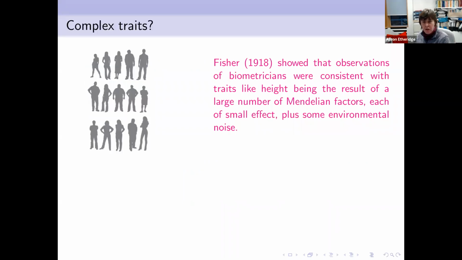It was really Fisher who in 1918 showed that the observations made by biometricians, who liked to measure families, so they'd measure the heights of parents and then the heights of their offspring, were actually consistent with these complex traits being the result of a large number of Mendelian factors, each of small effect, plus some environmental influence, obviously.